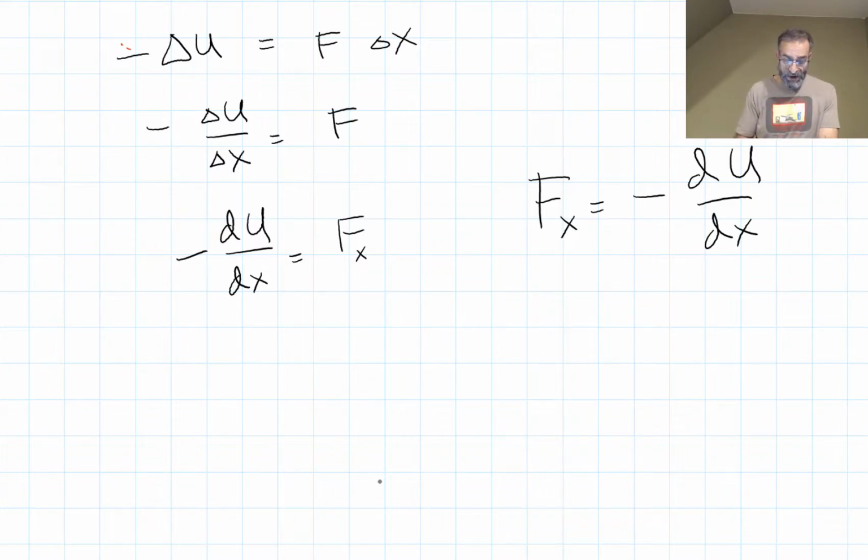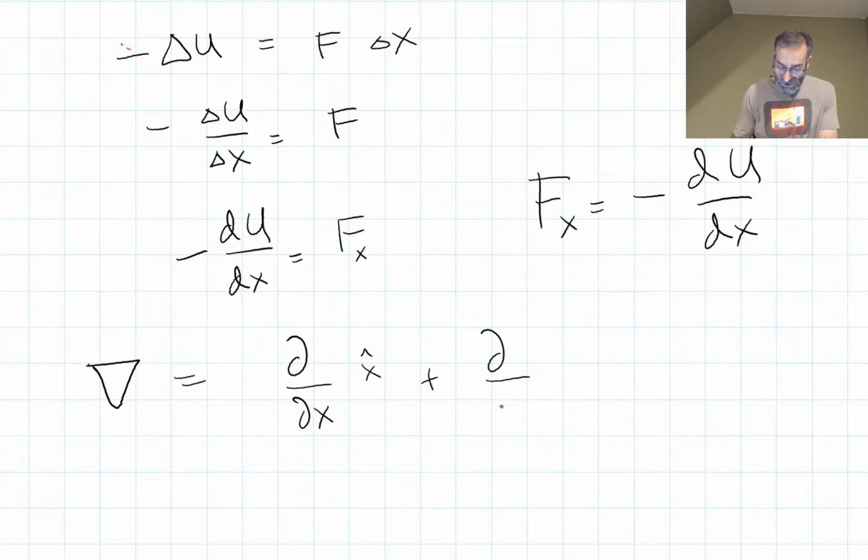And if you've had a vector calculus class, you know this is the vector gradient operator del, which is the partial derivative with respect to x times a unit vector in the x direction, plus the partial derivative with respect to y times a unit vector in the y direction, plus the partial derivative with respect to z times a unit vector in the z direction.